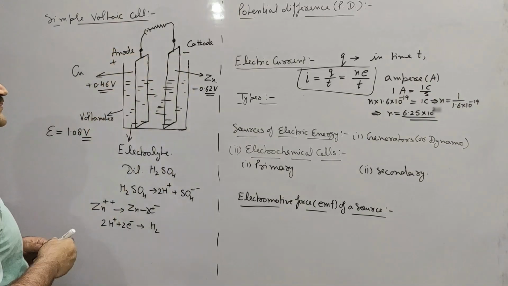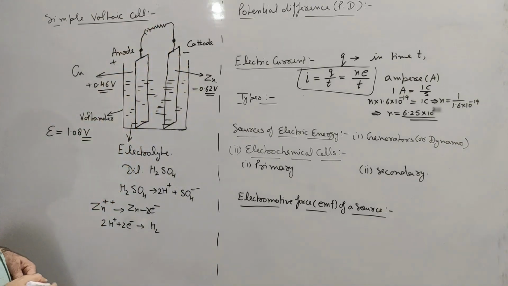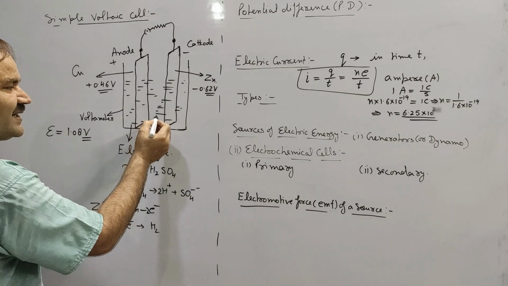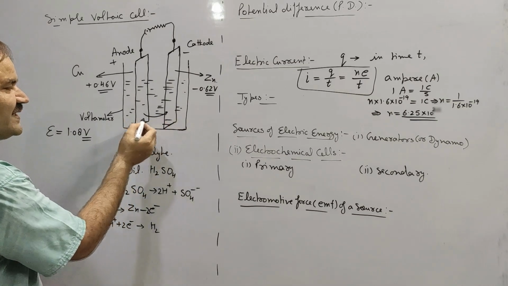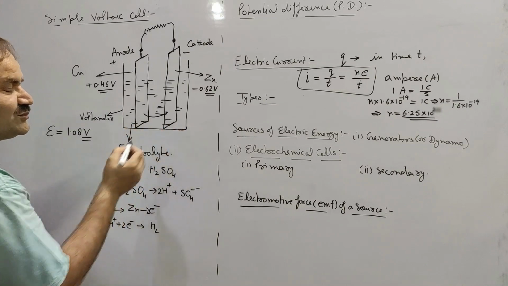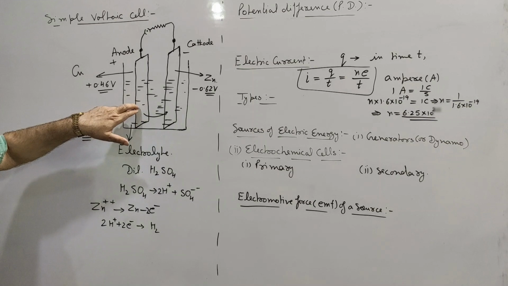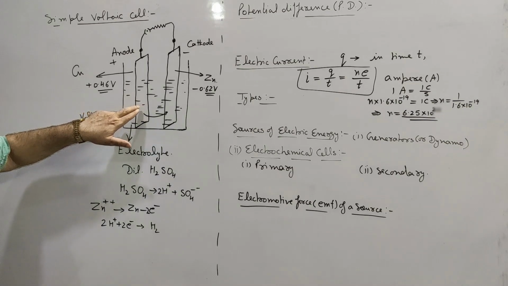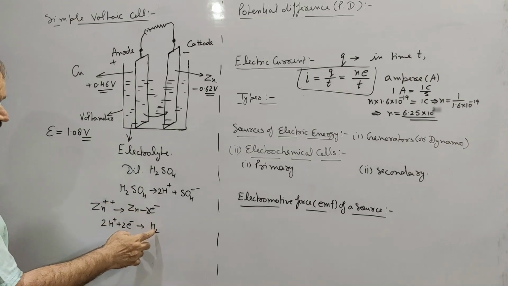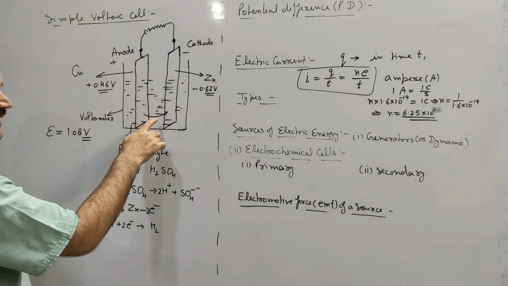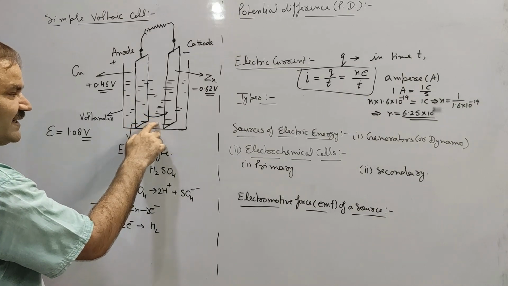So in this way electrons will flow from cathode to anode, and from here also electrons will flow, you may say, from anode to cathode, because it will attract hydrogen ions, and hydrogen ions will take electrons and will form hydrogen that will bubble out.